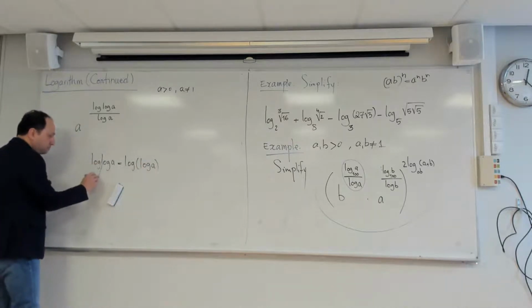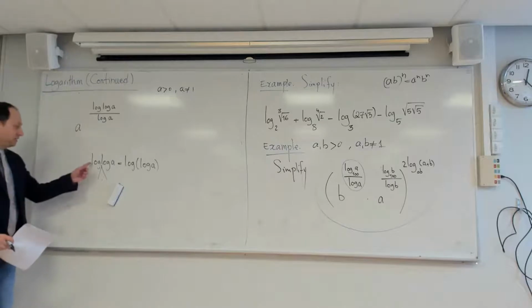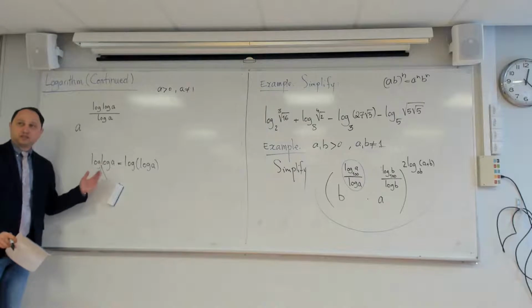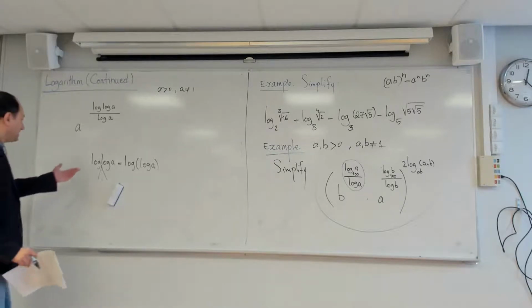Can people read this as a product of log by log of A? Yes or no? No. Why not?